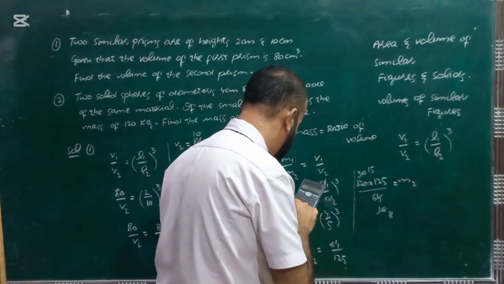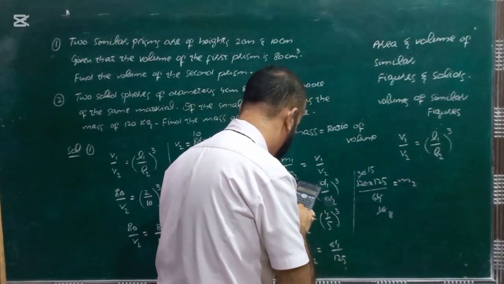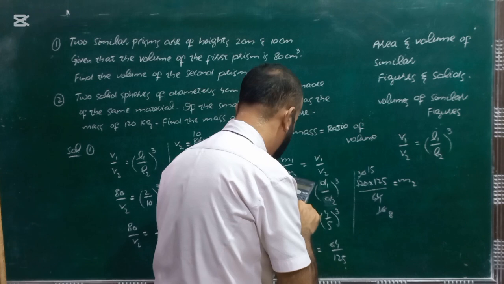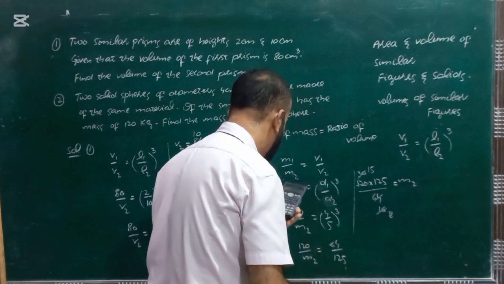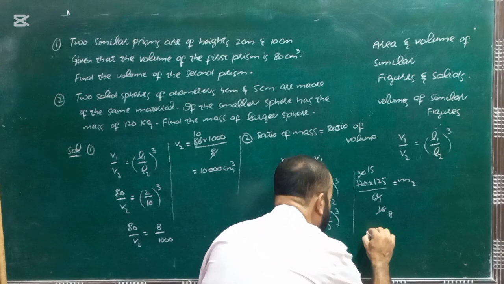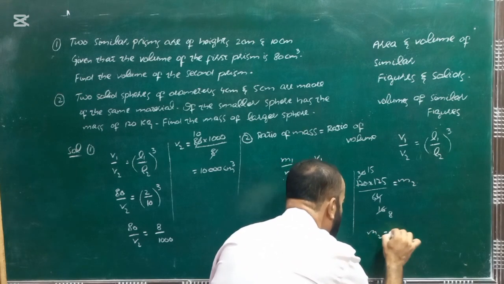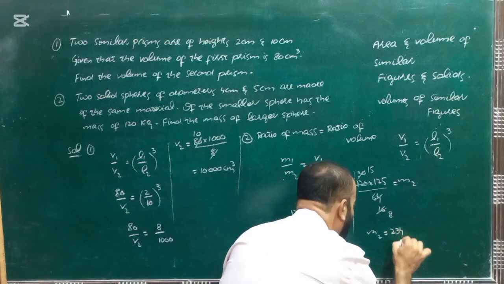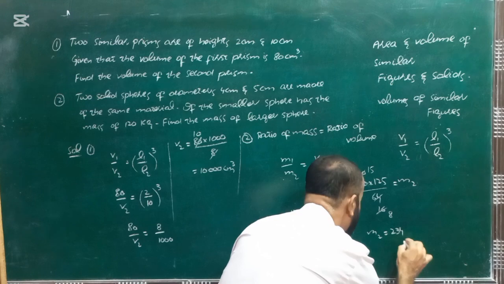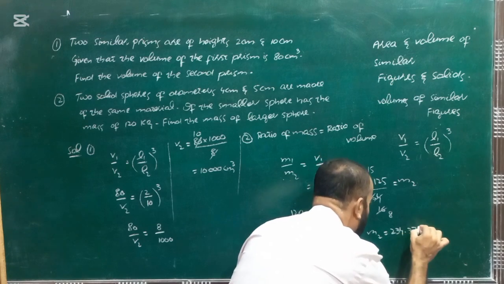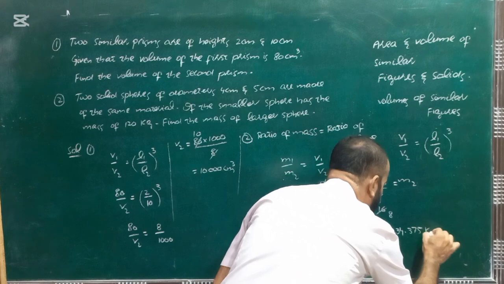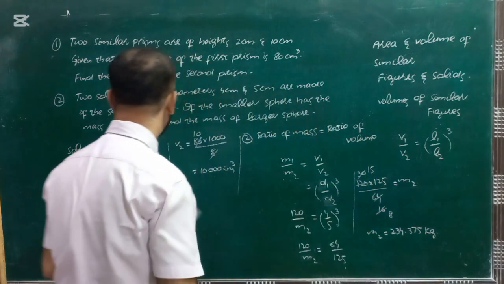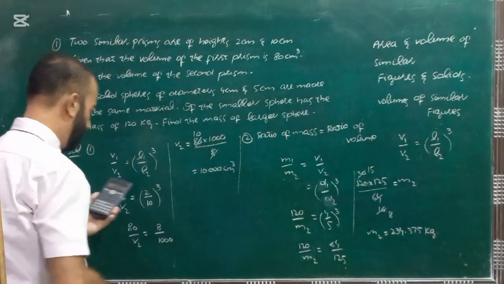So 15 into 125 divided by 8 is 234 point. So M2 is 234.375 and unit is kg because kg is the unit used in the question.